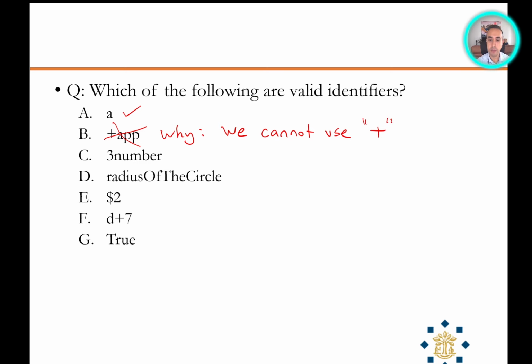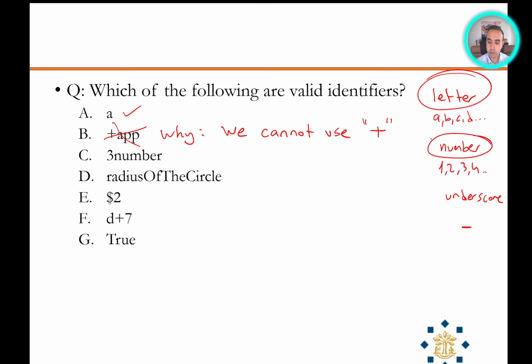In identifiers, right? So we can only use a letter that is A, B, C, D, or numbers that is 1, 2, 3, 4, or underscore. That is the underscore here. So there is no plus in this list, right?